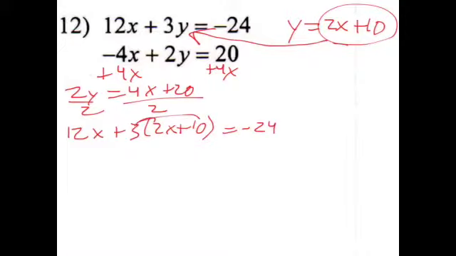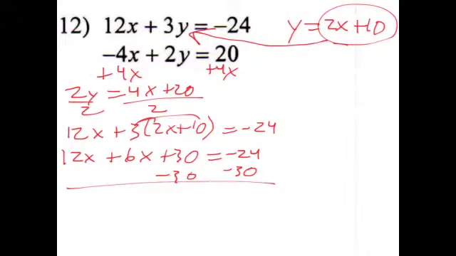Distribute the 3 to get 12x plus 6x plus 30 equals -24 still. I'm going to get rid of that 30 and attempt to get my x's by themselves. And I'll combine the x's on the left side while I'm at it to get 18x equals, that's looking like a -54. And we're going to divide both sides by that 18.